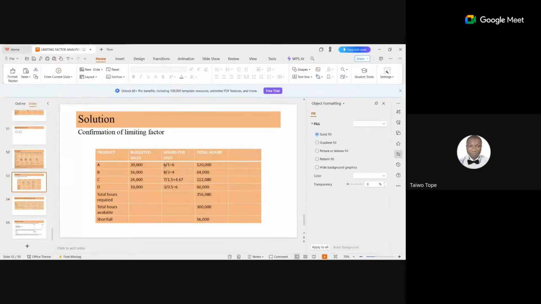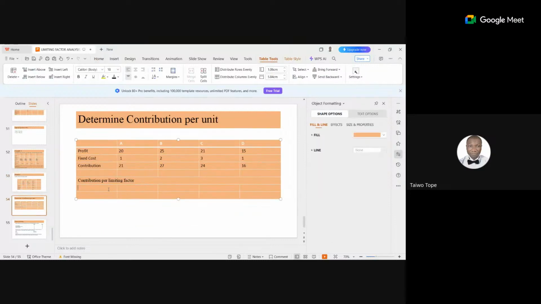Okay, fine. Let's show there is a working we've shown before. This working is very important. Let me show it again so that everybody will be carried along. Now, let me write it as key factor per unit. Let's show the workings again for better understanding. For product A, it will be 6 divided by 1.